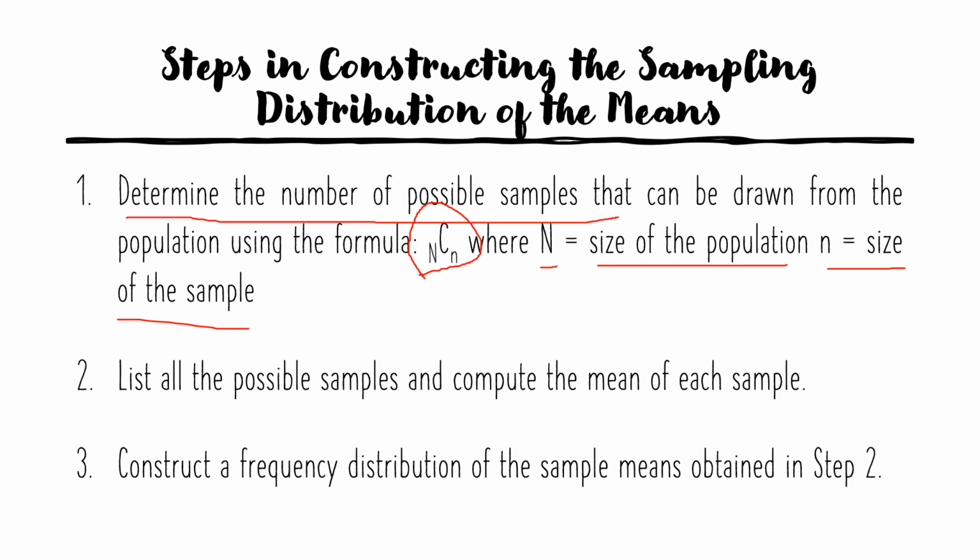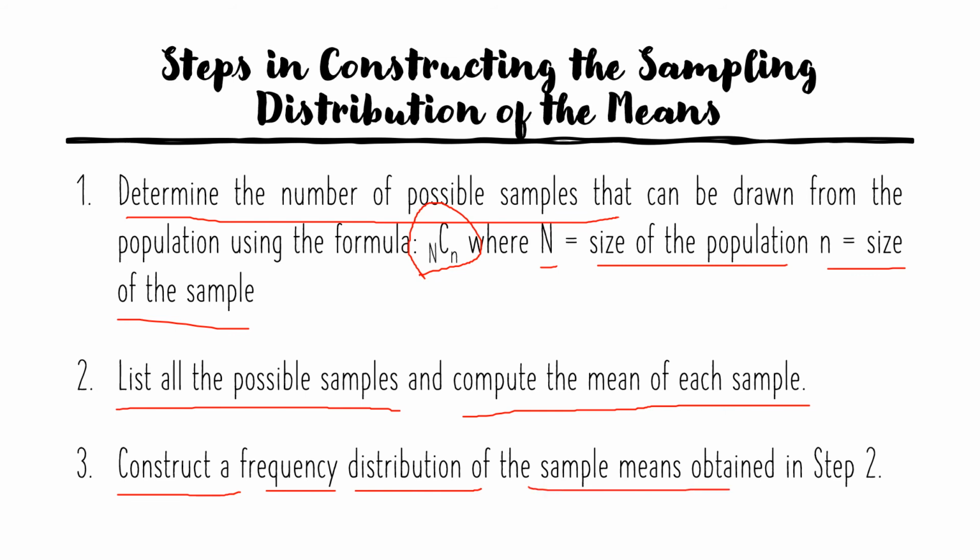For step number 2, list all the possible samples and compute the mean of each sample. Then for number 3, construct a frequency distribution of the sample means obtained in step number 2. So you need to deal with the sample means and construct a frequency distribution of the sample means based on the values that we get from step number 2.